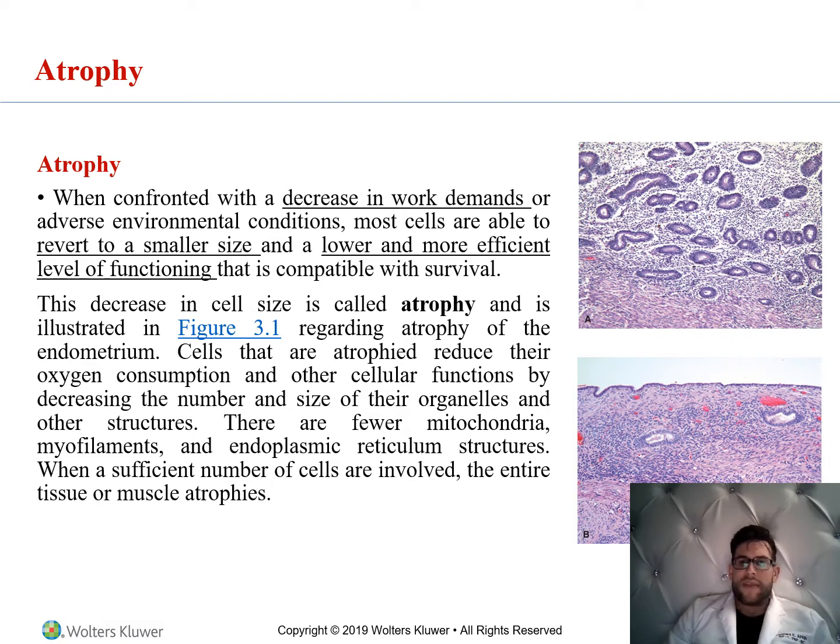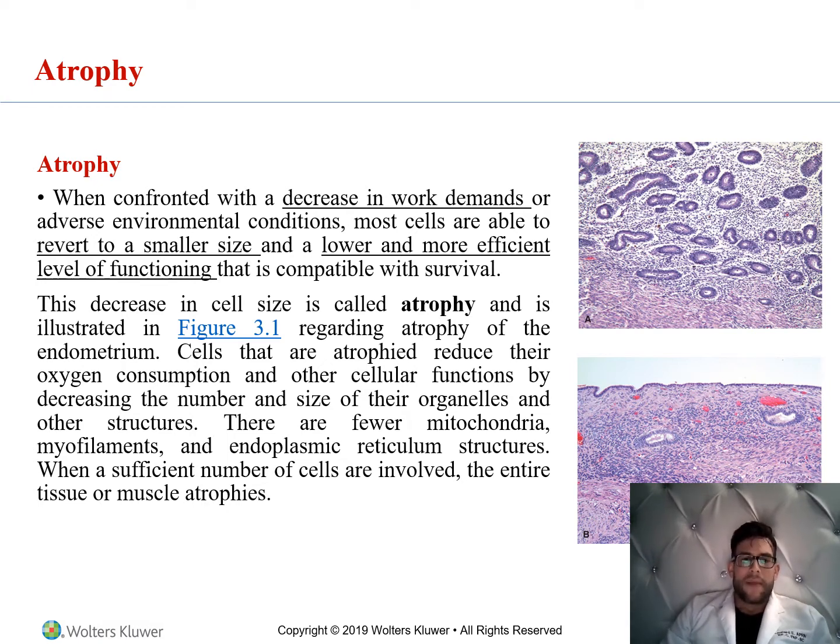As you may see at the cellular level, there has been a decrease in size in this slide here, where it shows the cell of the cervix, and this is precisely what we call atrophy. This occurs in the endometrium, okay?